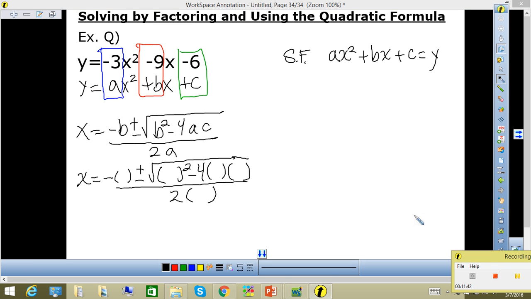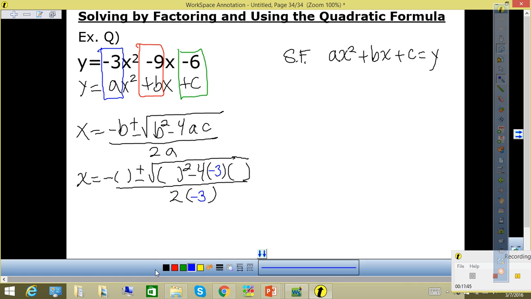All right, let's substitute. I'm going to use colors once again. I'm going to start with A. What is A? Everyone? -3. And where does A go according to our formula? Next to the 4 and next to the 2. So I write -3 here and -3 down here.